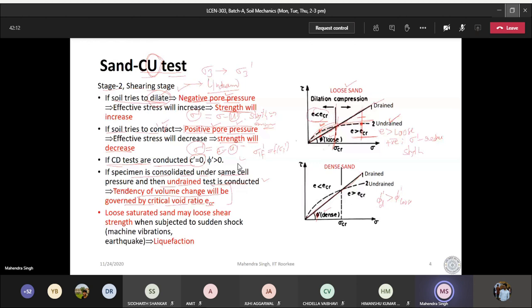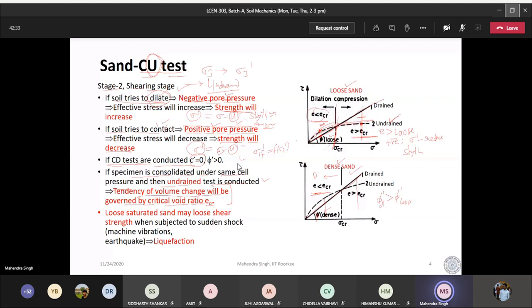Similarly, you can also explain this diagram for dense sand. Here again the same phenomenon is going to occur. In this range the dilation is going to occur, so the undrained strength will be higher. Here undrained strength will be lower.